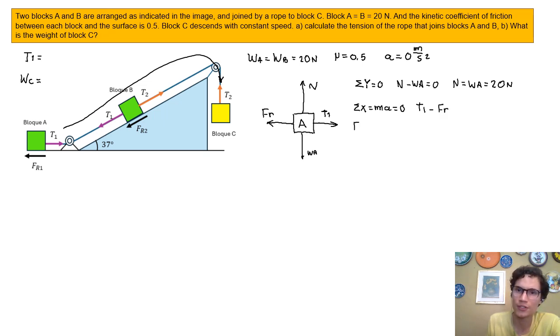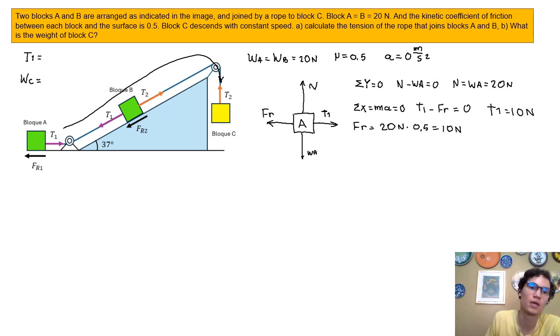But we know that the friction is equal to the normal force times the coefficient of friction, 20 times 0.5, and this is equal to 10 newtons. So the tension 1 will be equal to 10 newtons. That's the first question of the problem: 10 newtons.